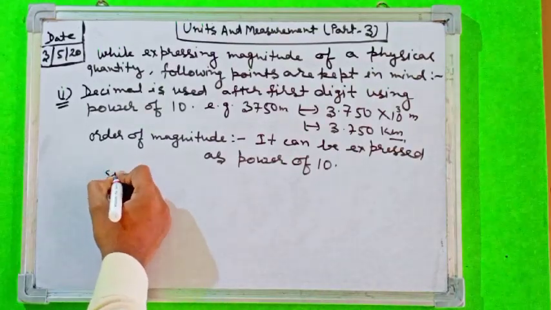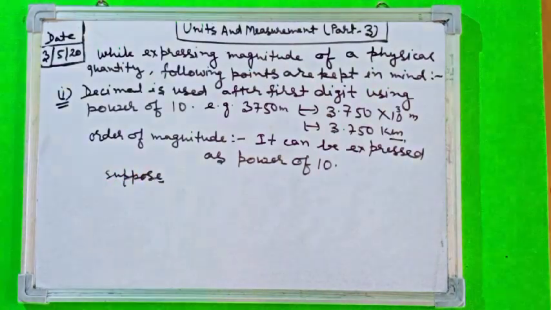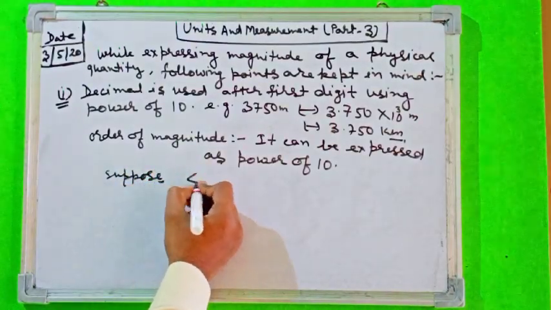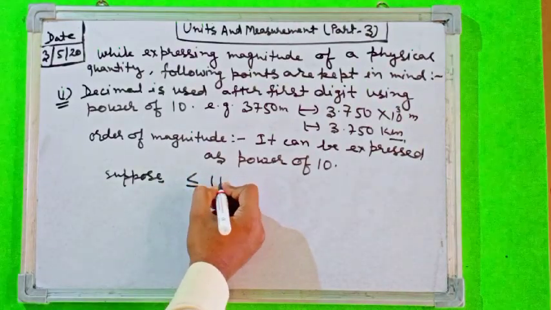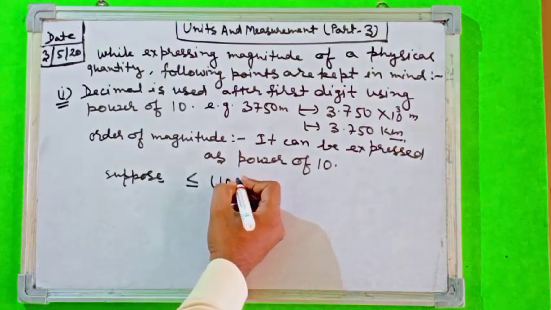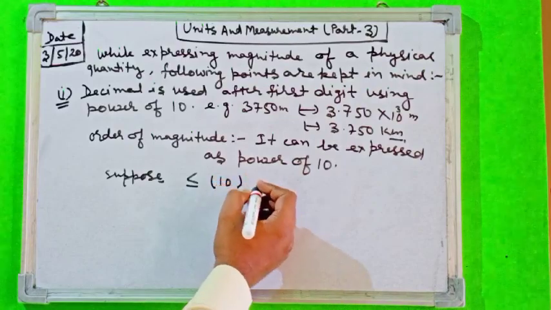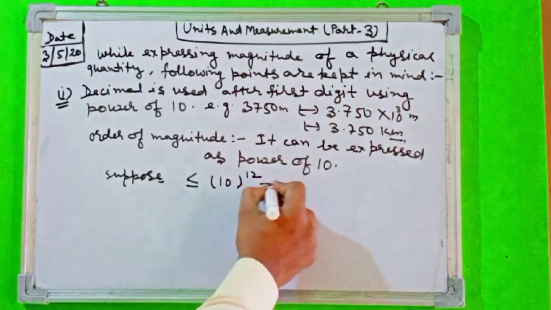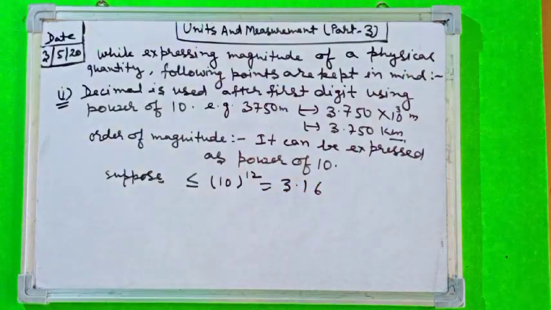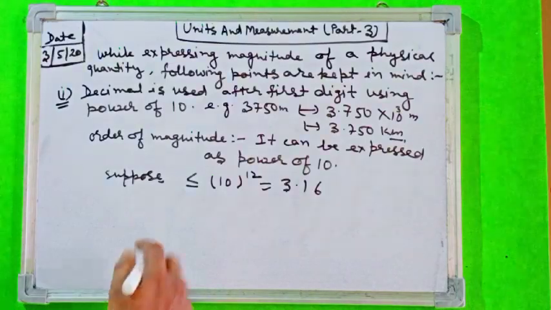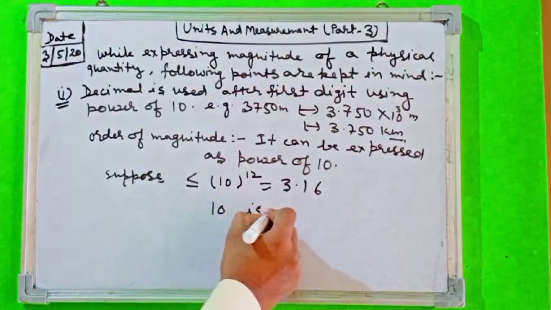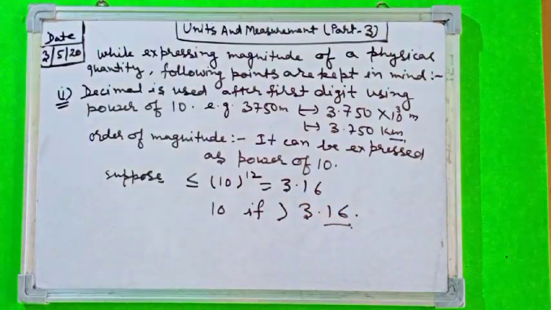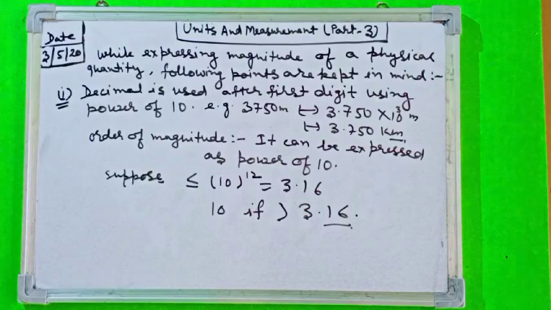Suppose if any quantity has a leading number less than or equal to 3.16, the order of magnitude is that power of 10, and if it is greater than 3.16, we take the next power of 10.